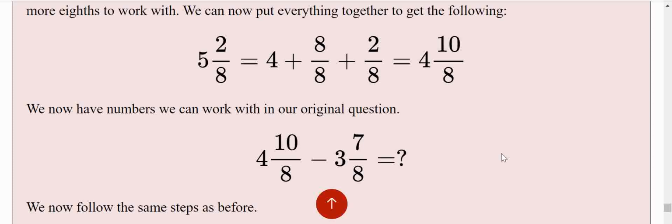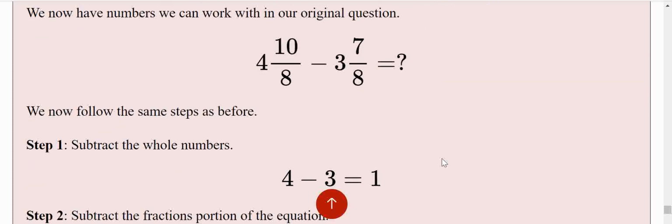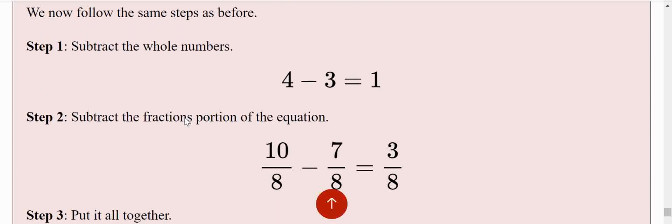We now have numbers we can work with in our original question. 4 and 10/8 minus 3 and 7/8 is what? We now follow the same steps as before. Step 1. Subtract the whole numbers. 4 minus 3 equals 1.